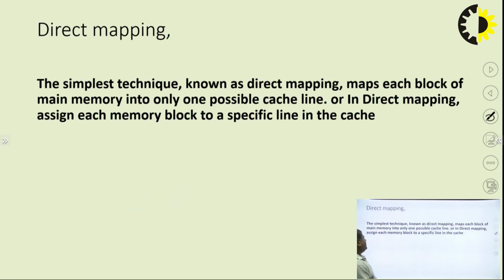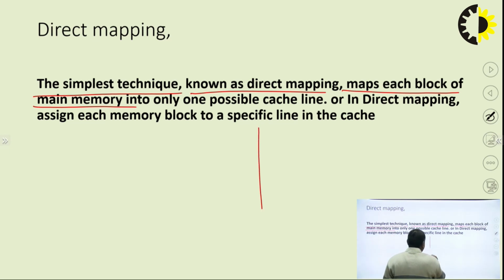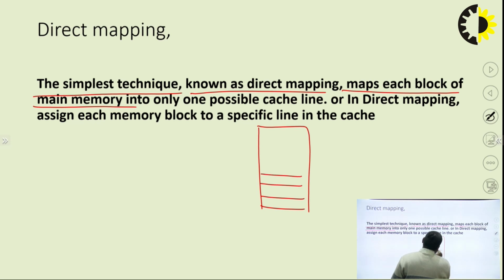Now, in direct mapping, I explain much better what direct mapping is. The direct mapping is a simple technique that maps each block of the main memory. We take a very simple example to explain the direct mapping. Now, we can suppose this is the RAM.